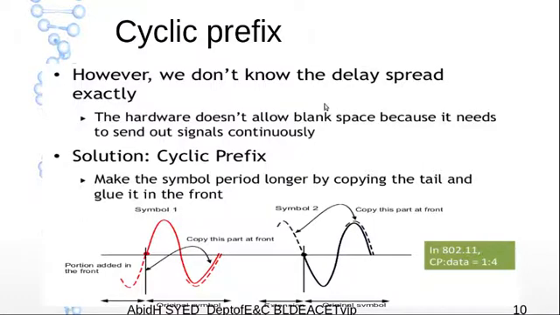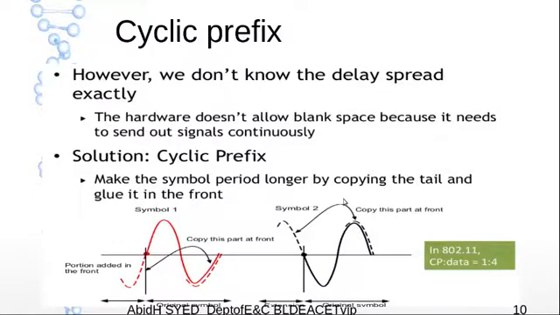But the hardware used at the transmitter or receiver does not know what to do with the blank spaces that may occur. So for overcoming this problem, we use the cyclic prefix. What actually happens in case of adding cyclic prefix? The cyclic prefix lengthens the symbol duration.